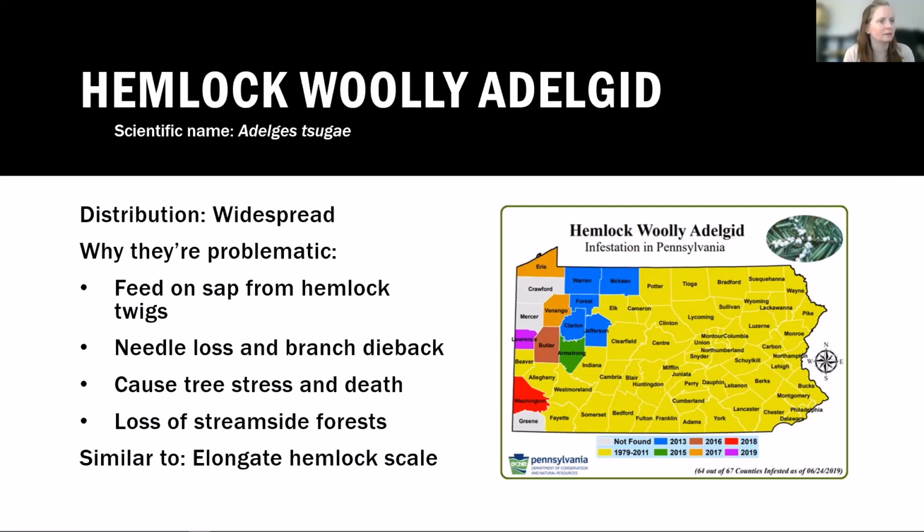They do cause the tree to slowly die, over a period of 4 years and up. You'll see the branches slowly die back and the tree becomes stressed, ultimately leading to its death. And unfortunately, this is causing a change in the community along streamside forests. We're getting close to 2:30, so I'll wrap up. There are some other insects, but I won't go into that.